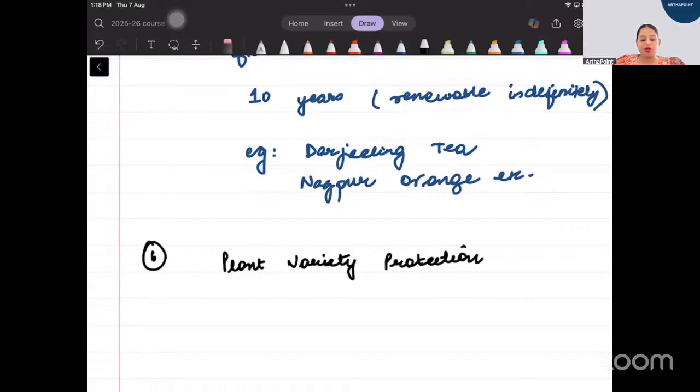Plant variety protection is where we give the right based on plants, right? So, for example, new hybrid cotton varieties. There is a new kind of hybrid cotton plant, and I'm giving you protection for it. Or say Pusa basmati rice, right? A particular type of rice which is being grown, and that variety is getting protection.